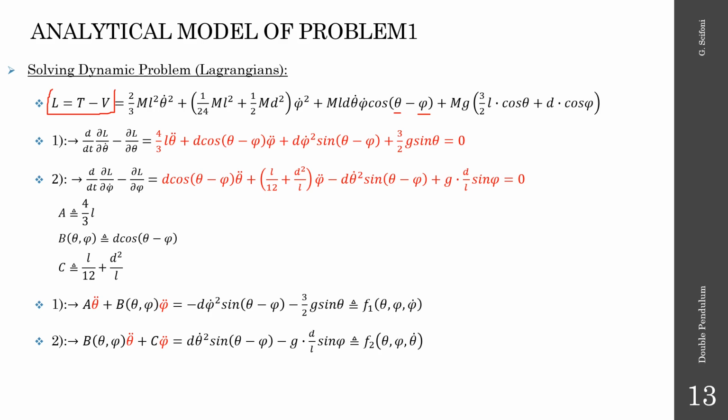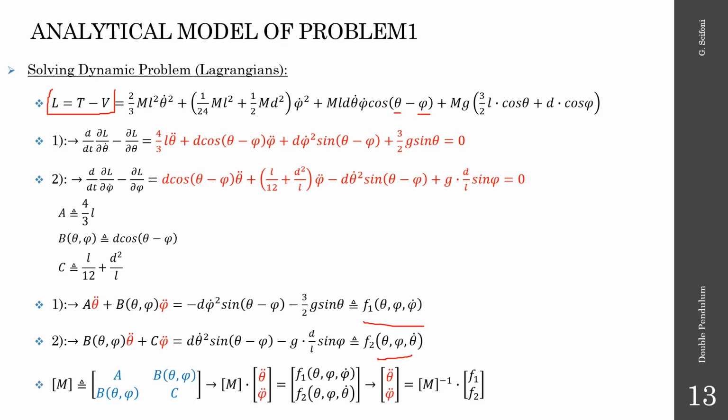We recognize that the function at the right side of the equation 1 is only function of theta, phi and phi dot, while the function at the right side of equation 2 is only function of theta, phi and theta dot. If we introduce the matrix capital M displayed in blue, then we can write the two equations in a matrix form. Eventually, we can solve for theta double dot and phi double dot by inverting the matrix capital M as displayed.